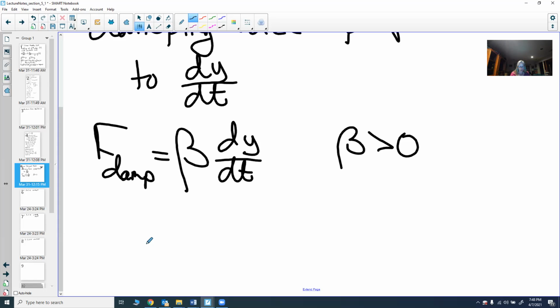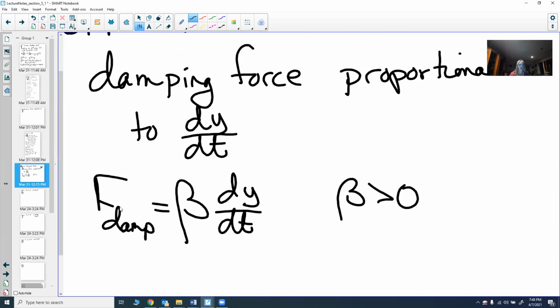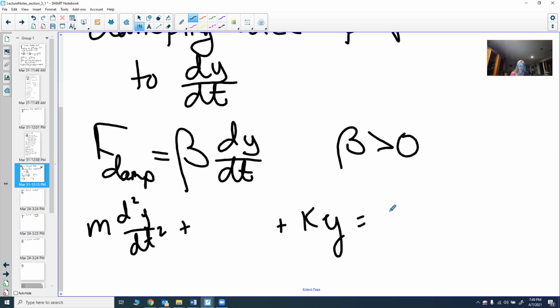So now my equation becomes this: we have our original equation, which was the second derivative of position times the mass, plus, over here, k times y equals 0. But now we're going to have this dampening factor in here.